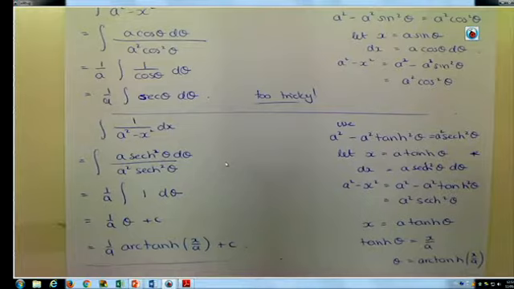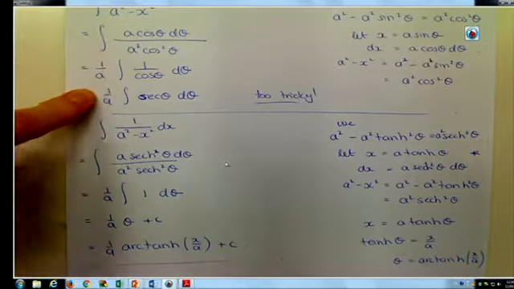Okay. So the point is, when you come to do a trig substitution, there's going to be always two choices, one from the trig set and one from the hyperbolic trig set. And you're not going to know in advance, I can't tell in advance, if somebody figures it out, let me know, which of these to choose. Okay? The point of the story is, pick one, do your substitution and simplify.